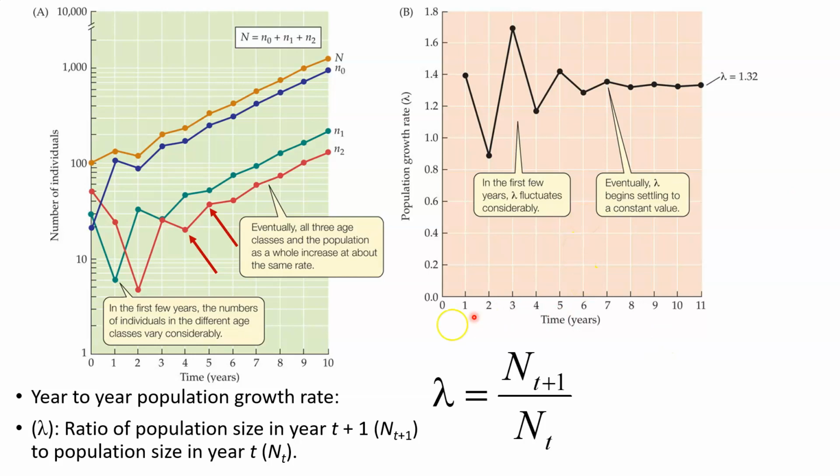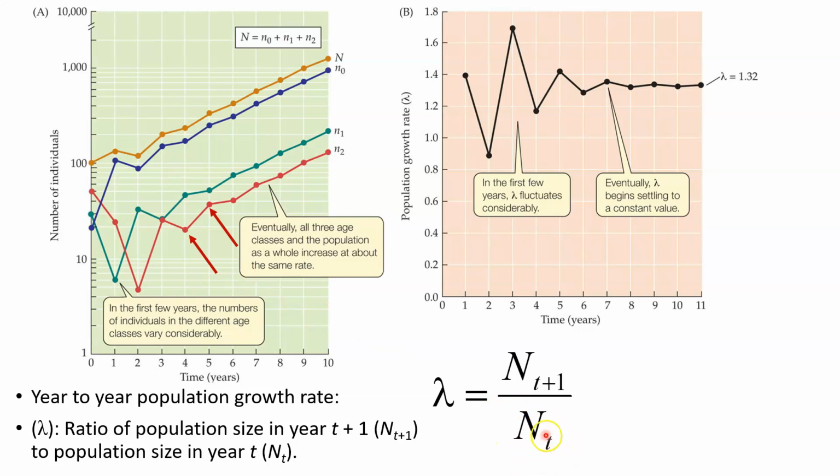Again, look at this formula: lambda, population growth rate, equals N sub t plus 1 divided by N sub t. What does this mean? My denominator is the current population size, and my numerator is the population size after a single time frame. In this graph, we are looking at years, so I'm looking at a year later.